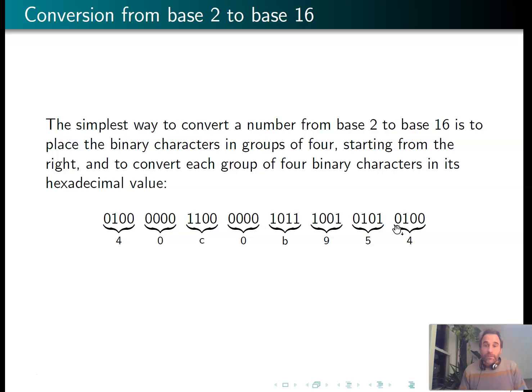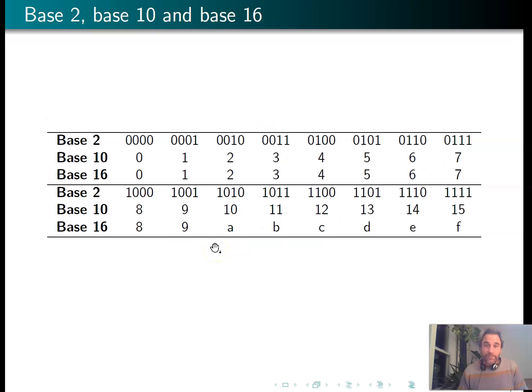So 0 times 2 to the power 3 plus 1 times 2 to the power 2 plus 0 times 2 to the power 1 plus 0 times 2 to the power 0 is equal to 4. And this is 5, this is 9, this is B. Four ones would be equal to 15, so that would be F.